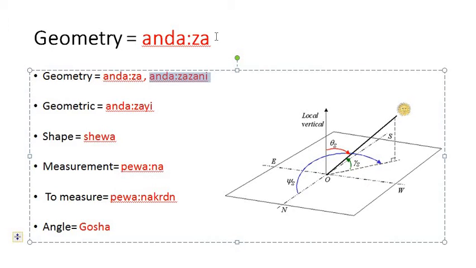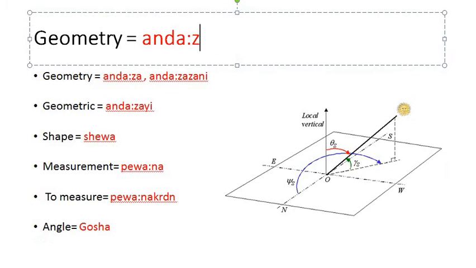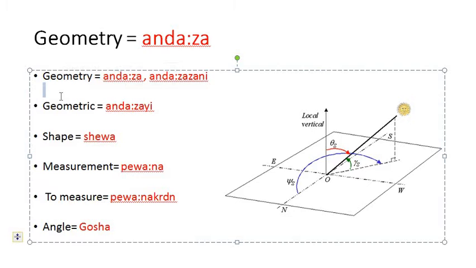And just for your information, andaz is a name. And if I say geometric, it's andazai. The E is pronounced, it's stressed. Geometric, as I said, andazai, it's two E at the end.